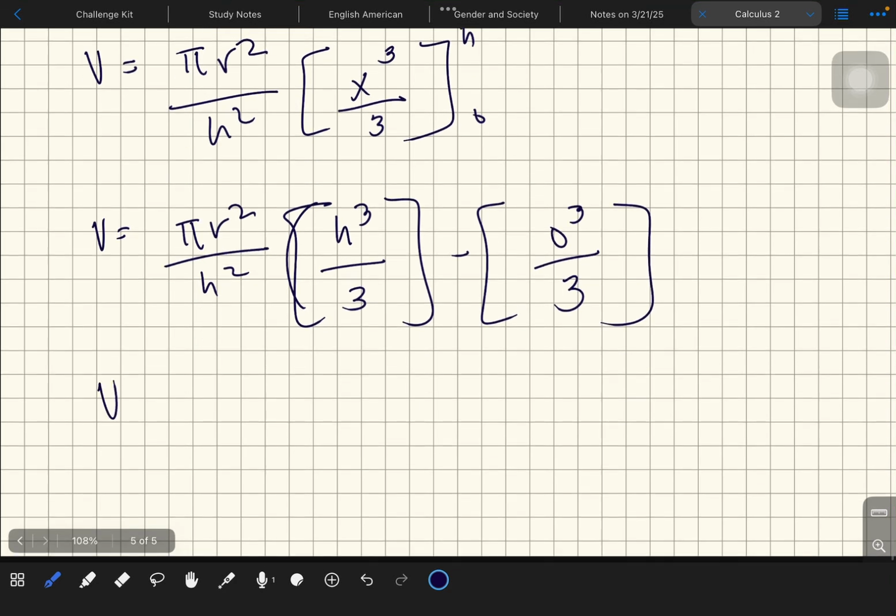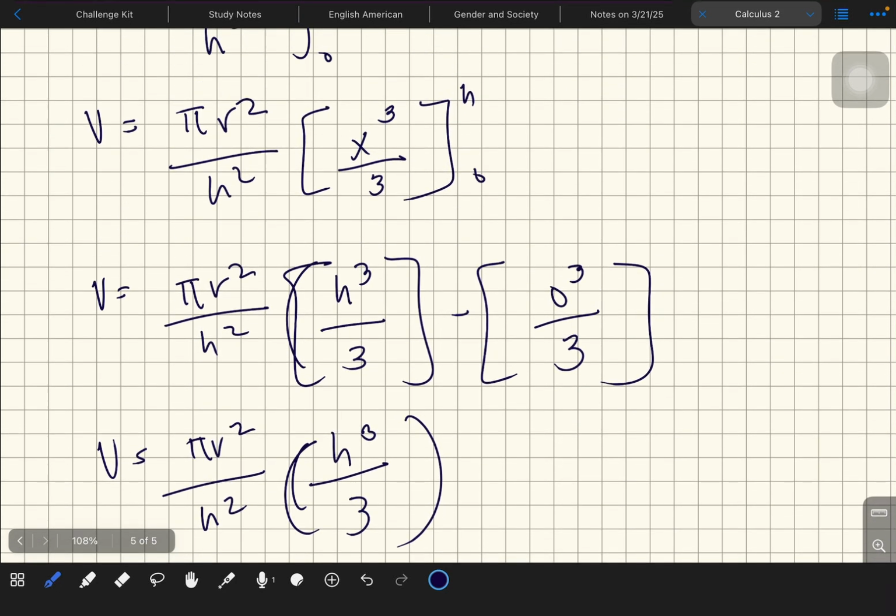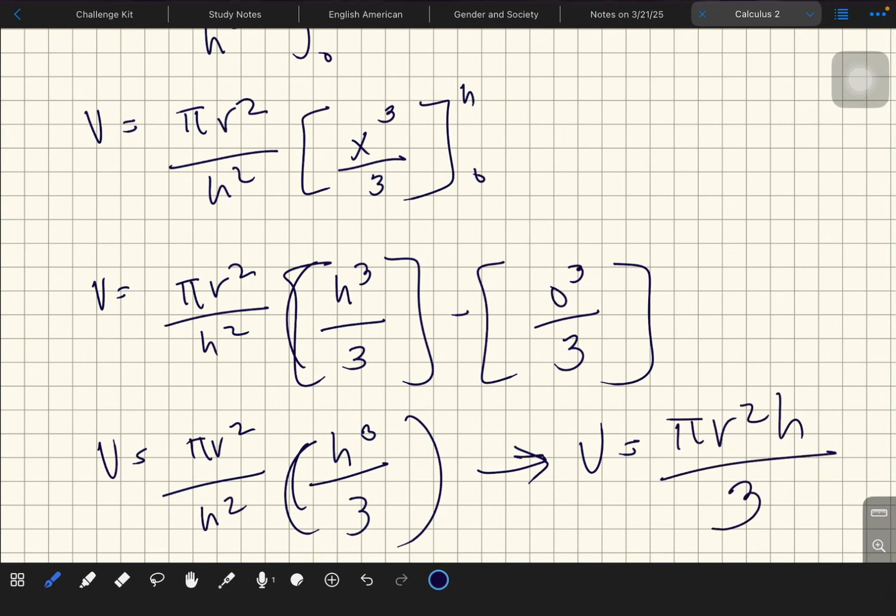So it will become volume is equal to pi r squared over h squared times h cubed over 3. So this volume will become volume is equal to pi r squared h over 3. So this is the final answer.